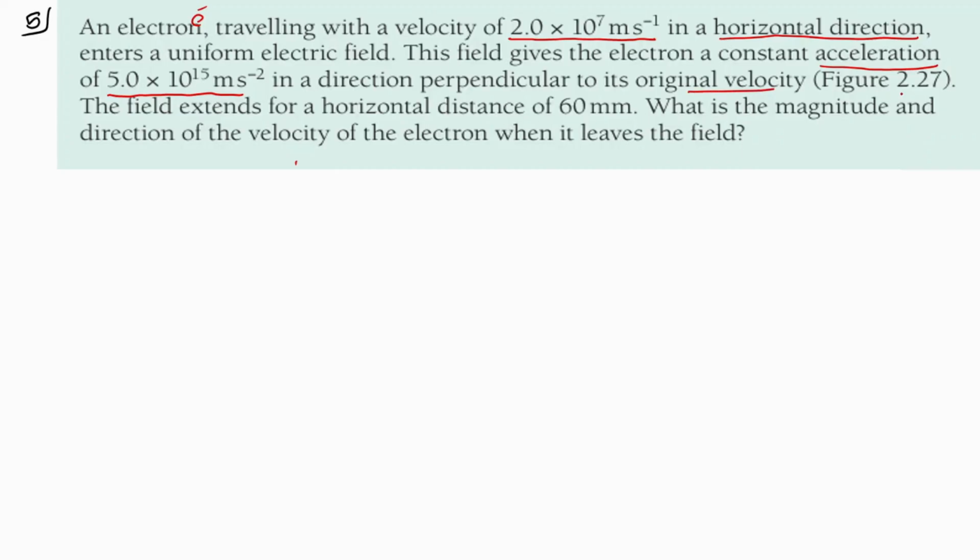We have to refer to the diagram, figure 2.27. The field extends for a horizontal distance of 16 millimeters. What are the magnitude and the direction of the velocity of the electron when it leaves the field?